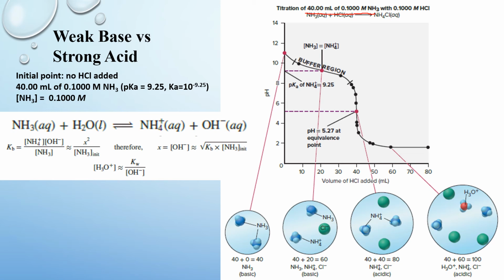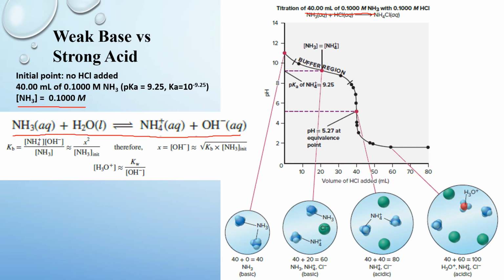Its conjugate acid has a pKa of 9.25, so the Ka is 10 to the negative 9.25. The initial pH totally depends on the concentration of the ammonia present, which is 0.1 molar. And the ammonia can generate a little bit of hydroxide, so that's why the pH is above 7.